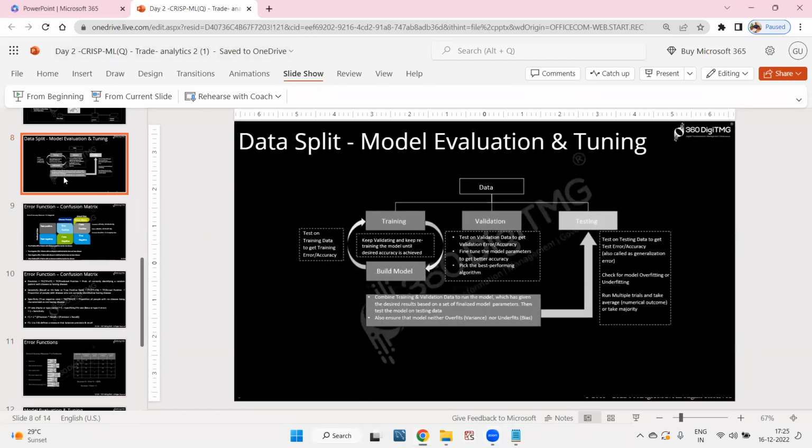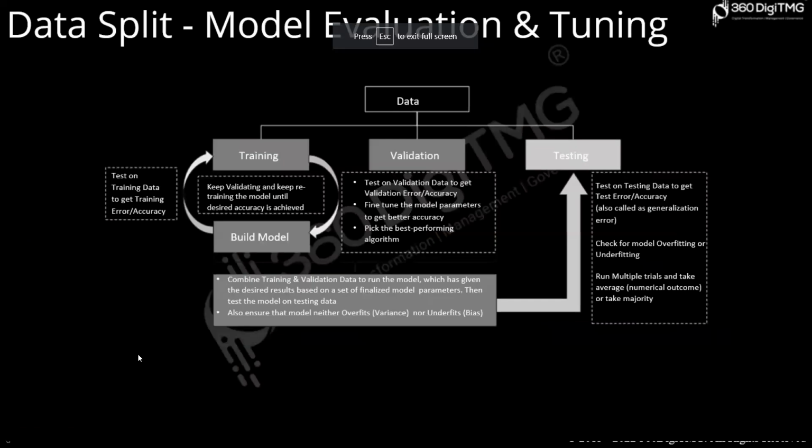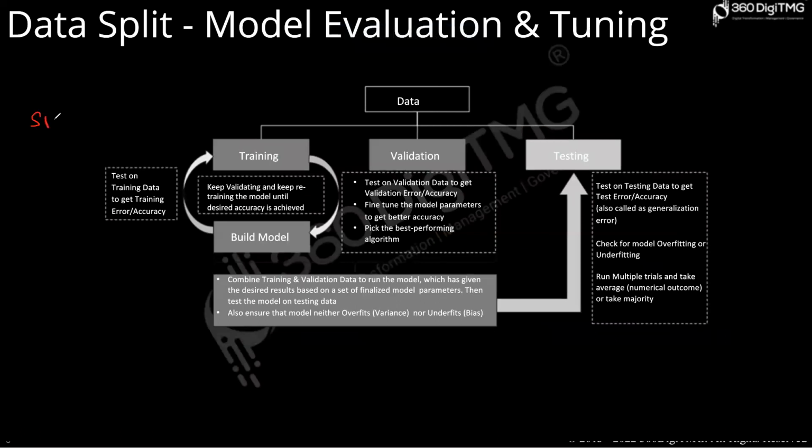Apart from that, we take the training, testing, and validation data sets. What are they? When you have a data set, you need to split the data into training, validation, and test data. So we define three types: training, validation, and test.